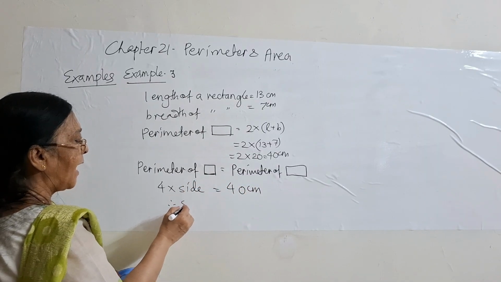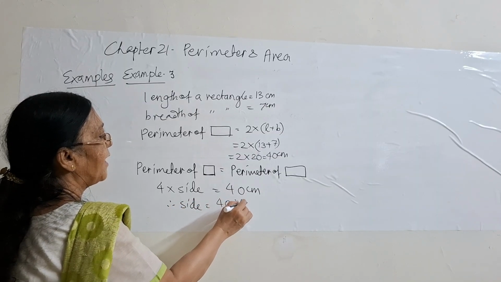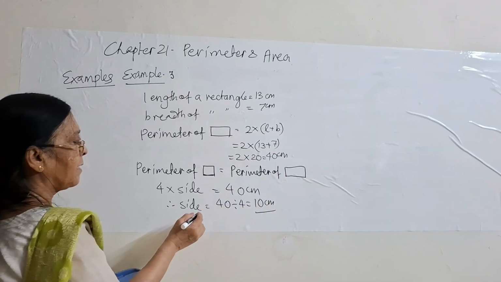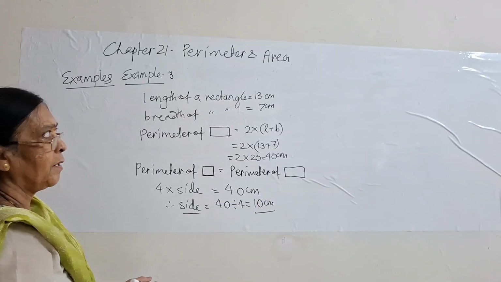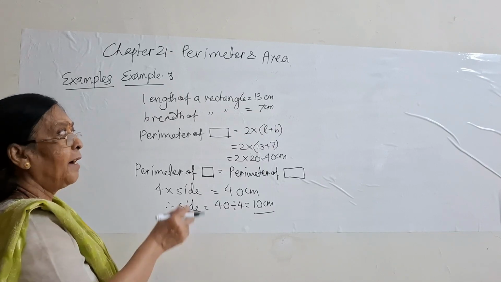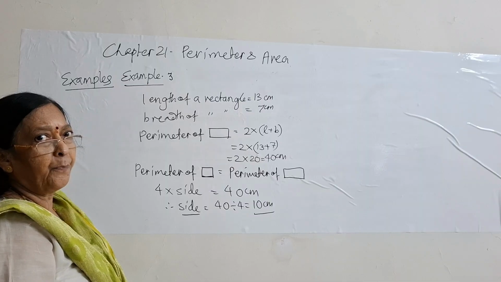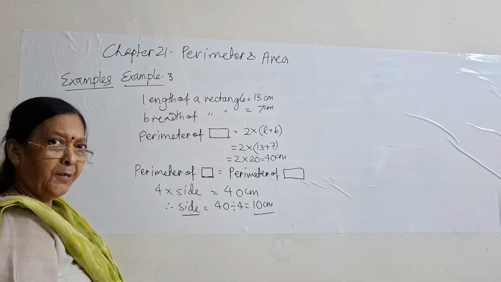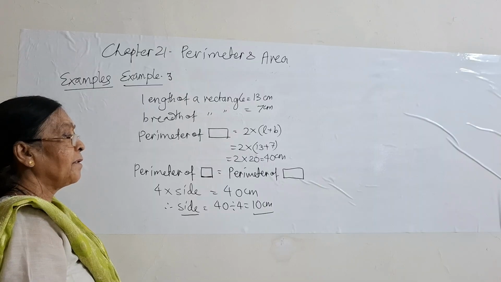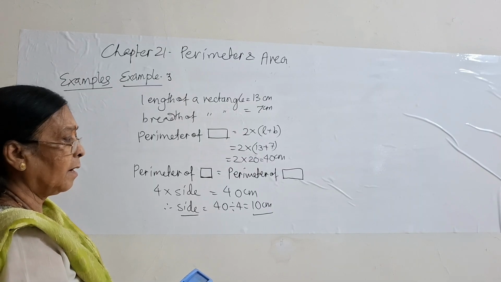And therefore the side will be 40 divided by 4, that is equal to 10 centimeters. So this is the answer. So we can find the side of a square by this formula. Okay?